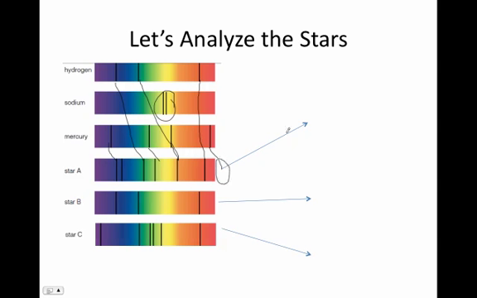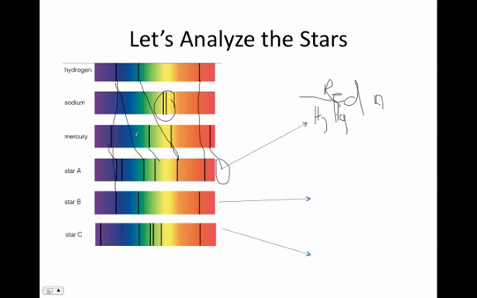So what's our possible prediction about star A? Star A probably has hydrogen, and it probably has mercury, which is Hg. It's just that it's been red shifted, which means that this star is moving away from us, from Earth.